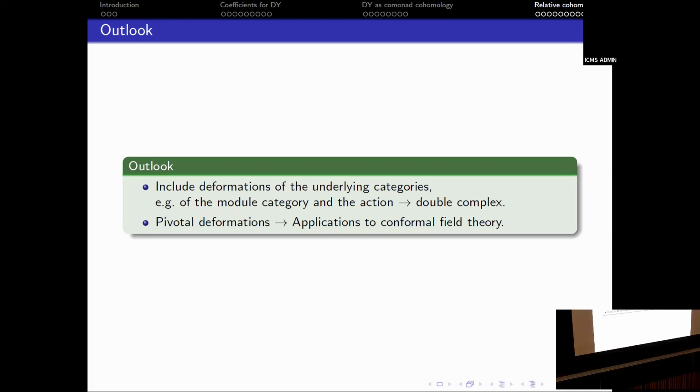And what I should say is that there is a generalization which works very well in the pivotal setting, and that's the topic of an ongoing master project. There's a generalization of rigid monoidal categories, where you drop rigidity and replace it by something weaker. The Grothendieck-Verdier categories, and Gregor knows a lot about them.